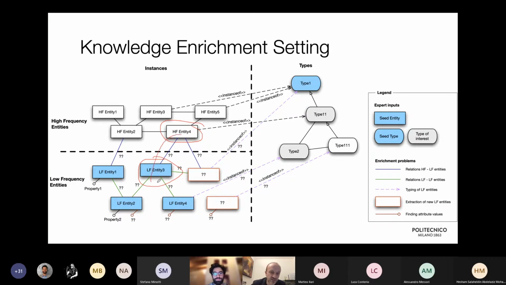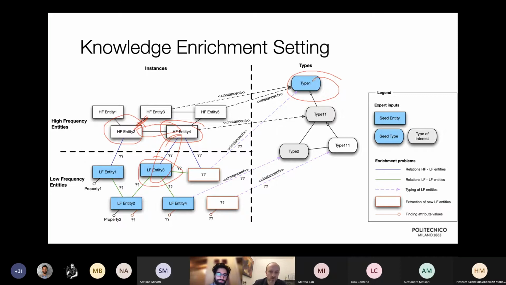Put these entities in connection one to the other by understanding not only the entities, but also how they connect to each other, right? And also, finally, understand the typing of these entities. So understand for each entity what its category is in general, okay?